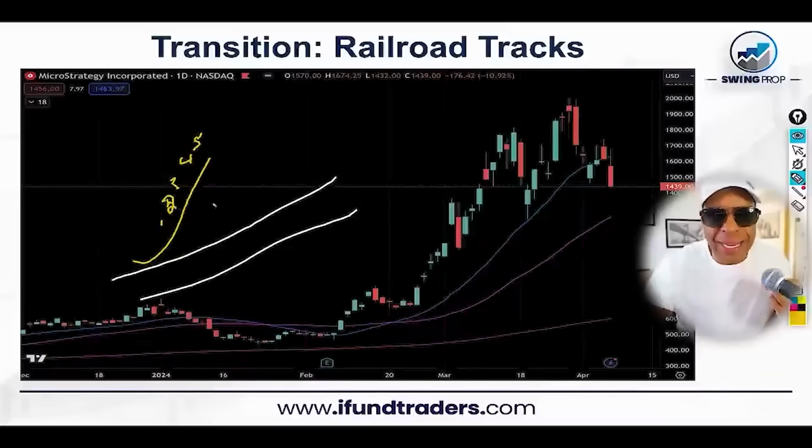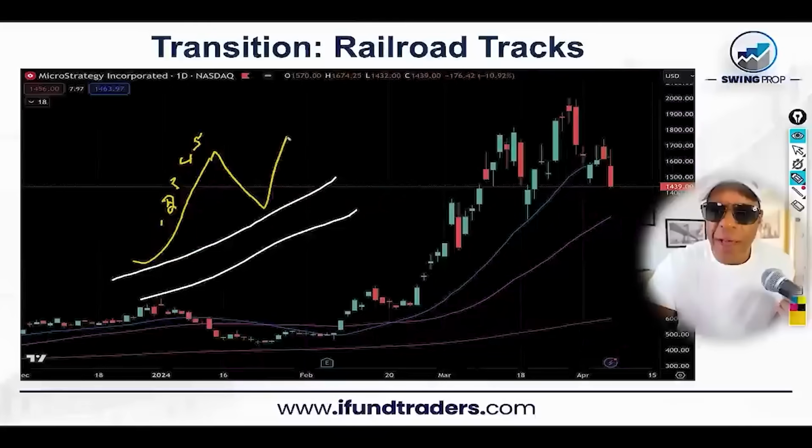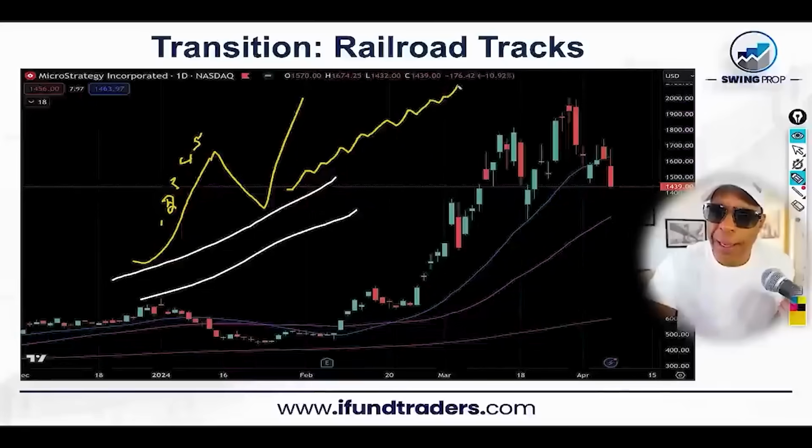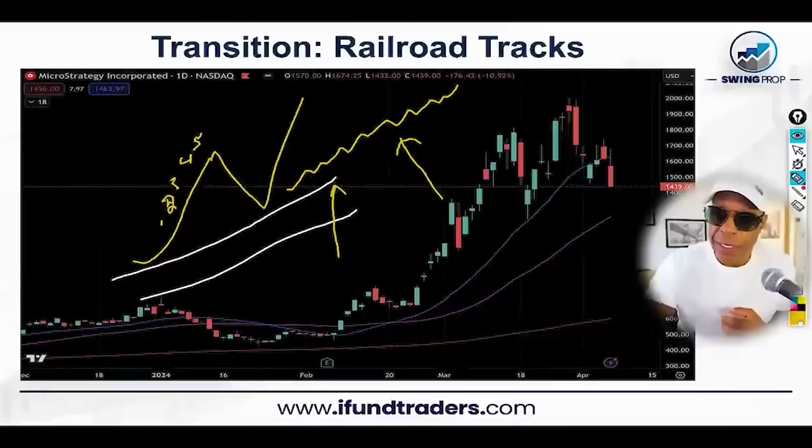This is going to be your ride 'em out power trend play. And you're not going to use 3 to 5 bars here. You're going to use your moving average here. Let that moving average dictate how long you're in this play.